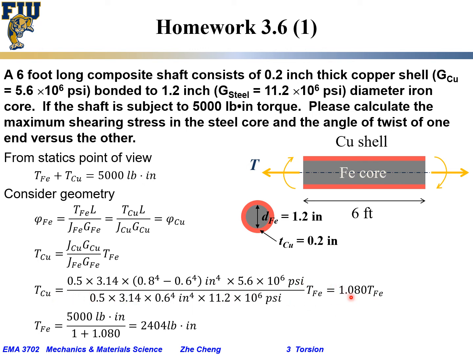Once we have this, we can put it into the equation above. T_Cu is 1.08 T_Fe. As a result, T_Fe would be the total 5,000 pound-inch divided by 1 plus 1.08, and we get T_Fe is 2,404 pound-inch. So we get the torque on the iron core.